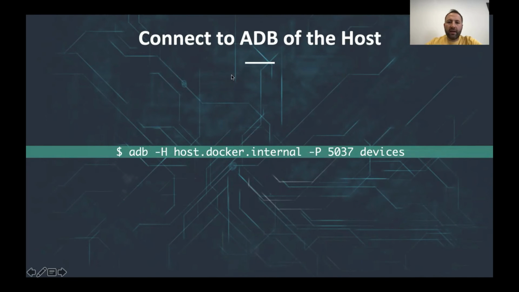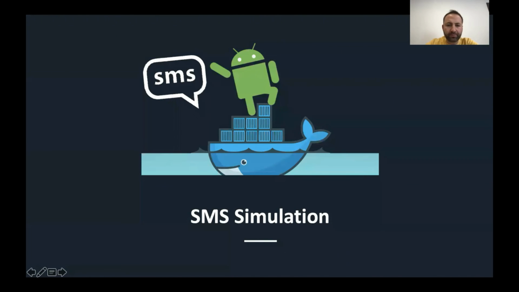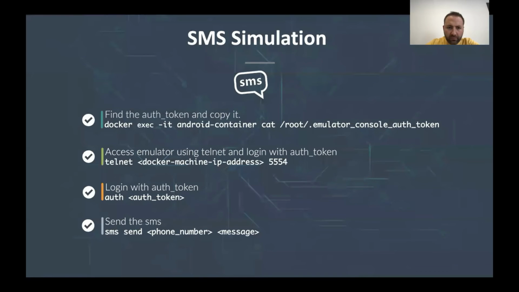So basically, you can connect with the following command to see the devices. Yeah, and then let's see how we can do this SMS simulation. First, we execute the command saying that in the Android container, we take the emulator token.